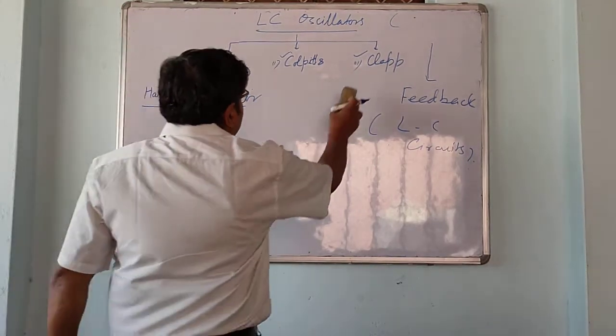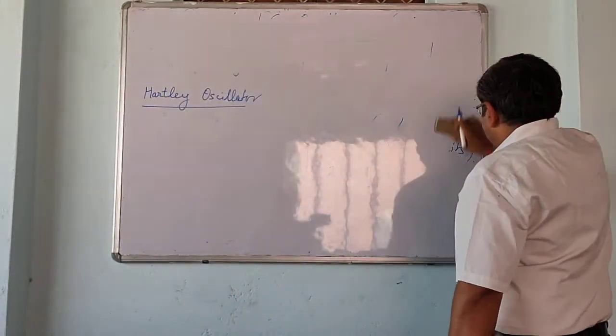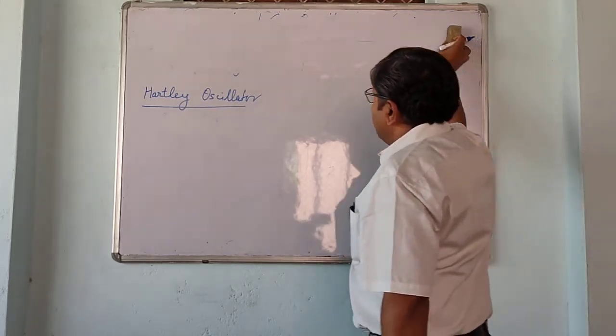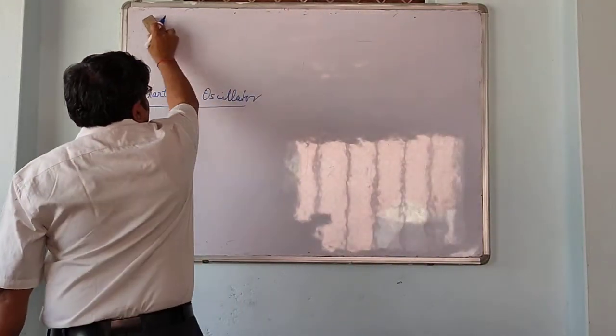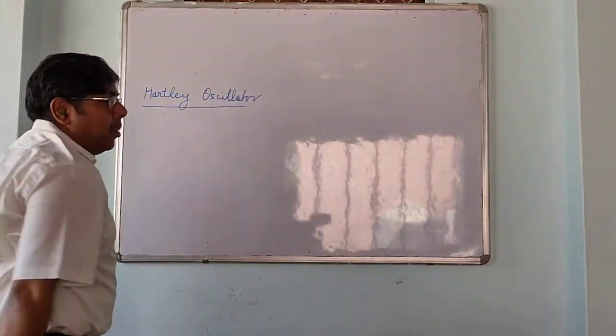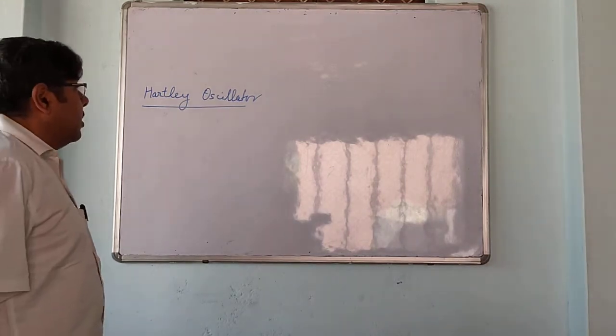In the Hartley oscillator, the feedback network is a combination of two inductors and one capacitor. And in the Colpitts, we have two capacitors and one inductor.